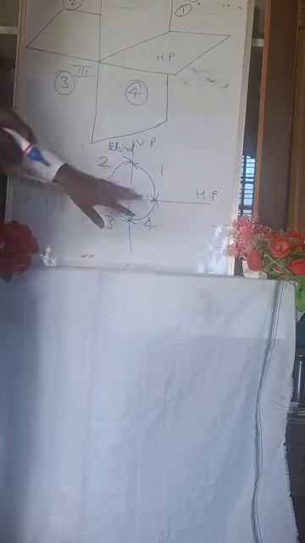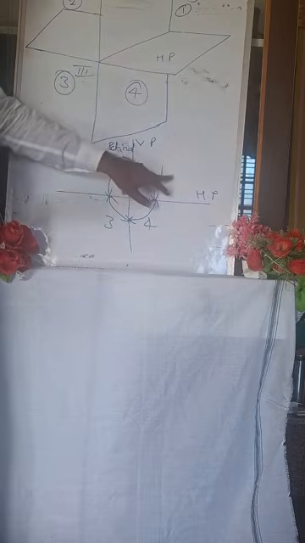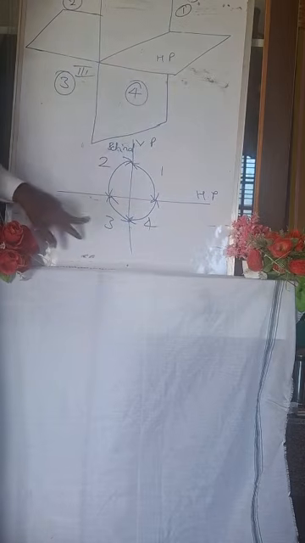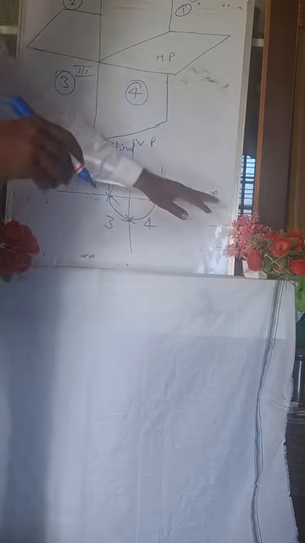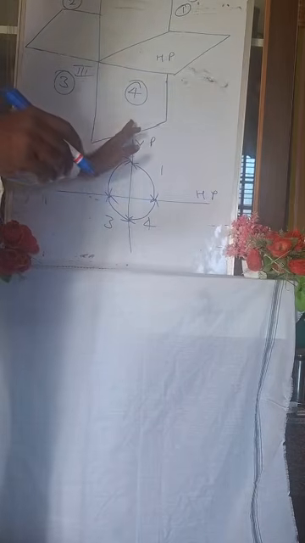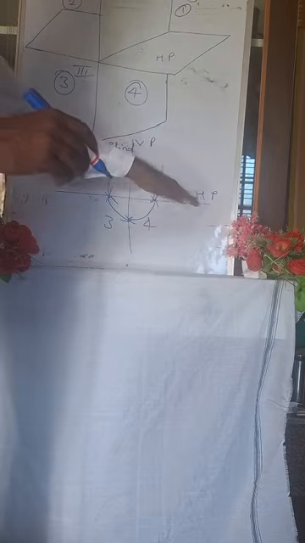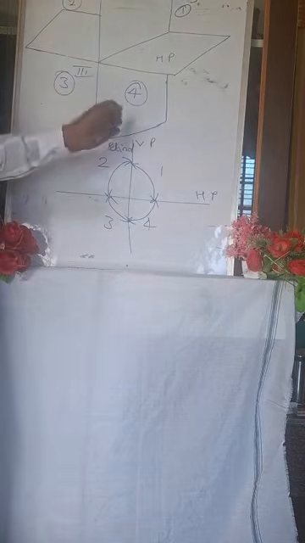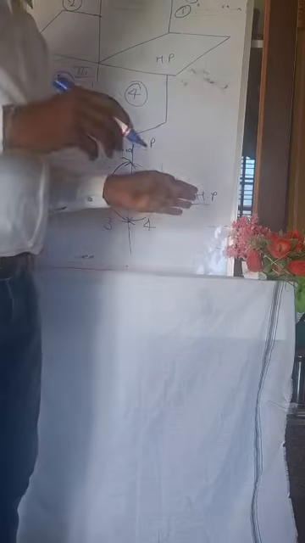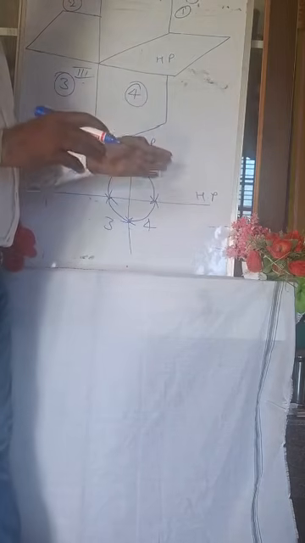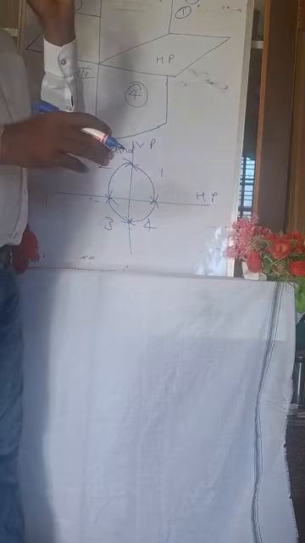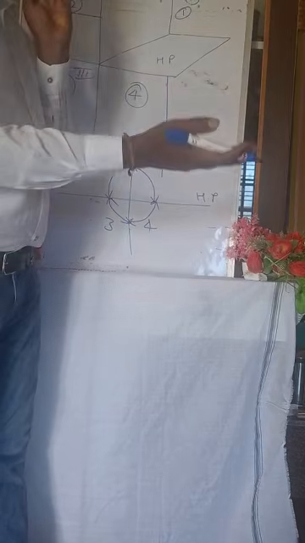When you have a line representation, this is the first quadrant, second quadrant, third quadrant, and fourth quadrant. This is the horizontal plane and this is the vertical plane. The vertical plane is VP, the horizontal plane is HP.